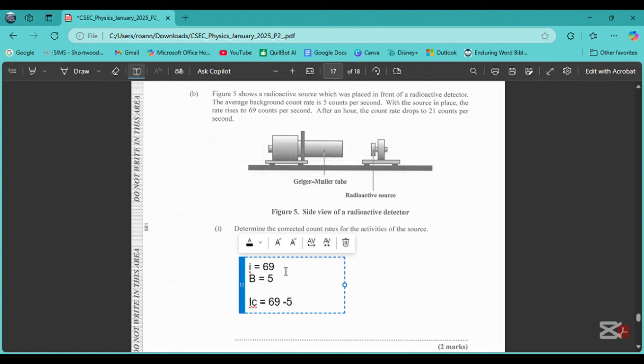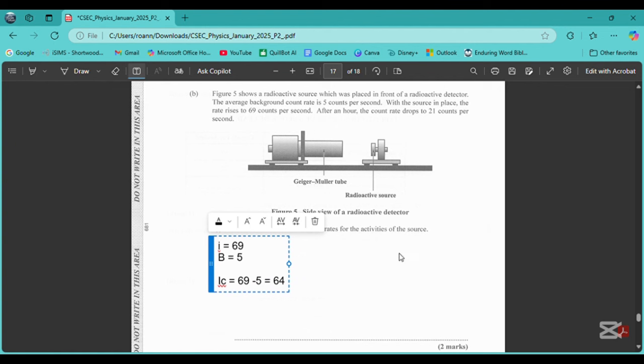We say 69 minus 5 because the background count rate is 5 counts per second, and to find the corrected rate, we have to remove that background noise per se. Therefore, the corrected initial count rate would be 64 counts per second.